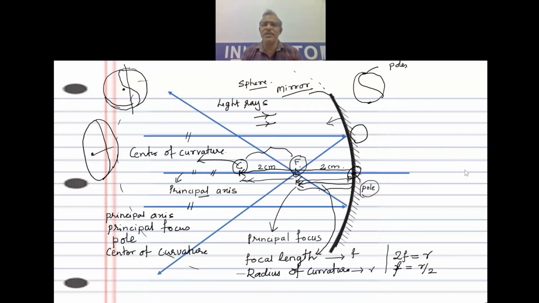And more focusing of a concave mirror, more sharpness of a concave mirror, decides the clarity of the picture in astronomical or reflecting telescopes, which we will discuss later.